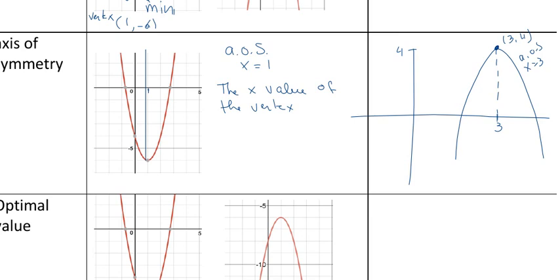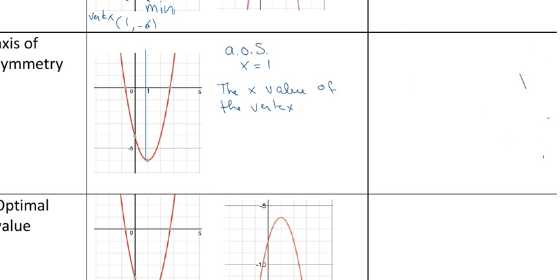So is that one like 1 and negative 6 then? But what's the x value of the vertex? The vertex is 1 and negative 6, right? Yeah. But the axis of symmetry is x equals 1. Okay?